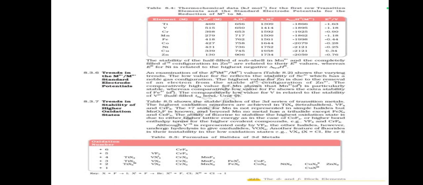Figure 8.4: the thermochemical data in kilojoules per mole for the first row transition elements and the standard electrode potentials for the reduction of M2+ to M. Table 8.5: formulas of halides of 3d metals. Table 8.6: oxides of 3d metals.